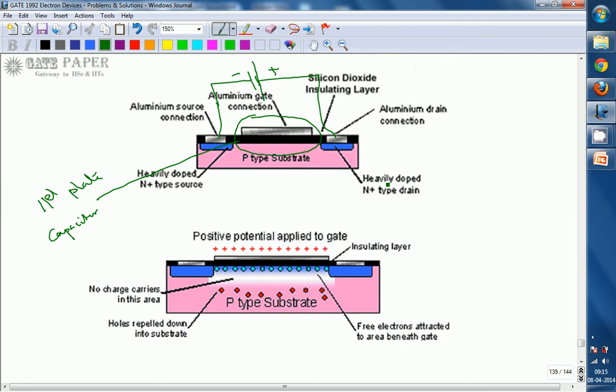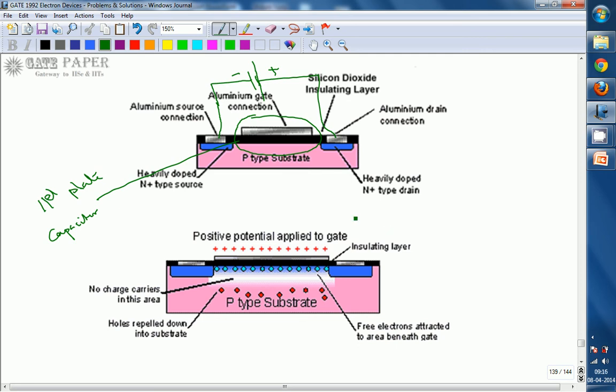One is the polysilicon, that is the gate, and the other is the P-type substrate. These two are the conducting plates, and in between them there is a dielectric. Here the gate oxide, or thin oxide, acts as the dielectric for these two plates.